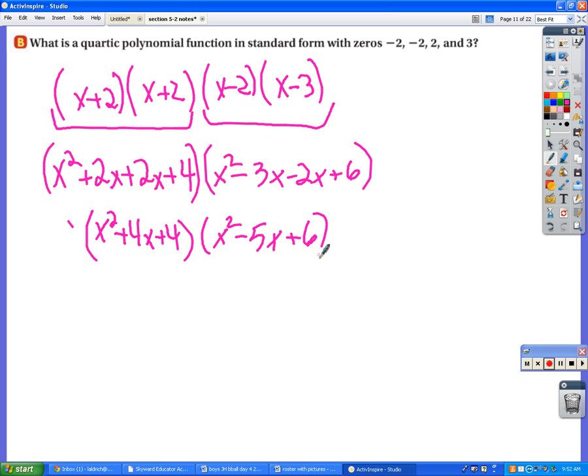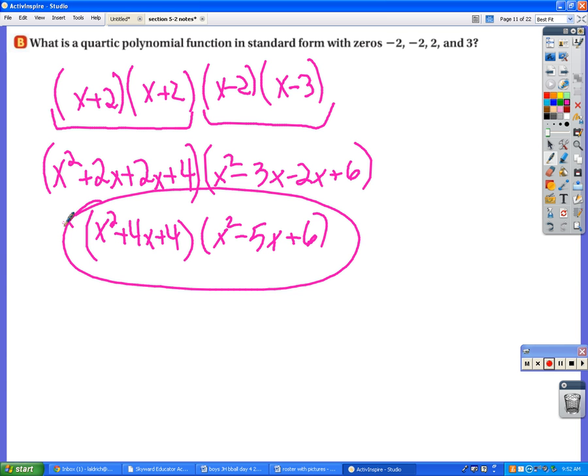Normally you would multiply those 2 trinomials together, but if you do that, you're going to end up with 9 terms, and I'm not going to make you do that. So once you get to here, let's call it good.